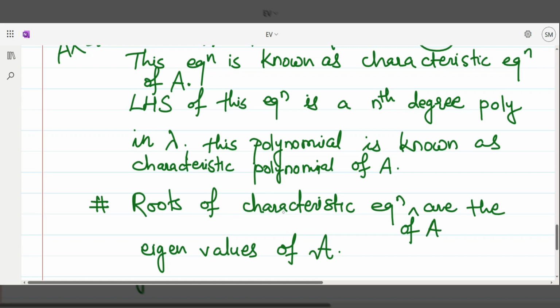If the characteristic polynomial is of degree n, we may get at most n roots of the characteristic equation. So let's see exactly how we find those eigenvalues and corresponding eigenvectors.